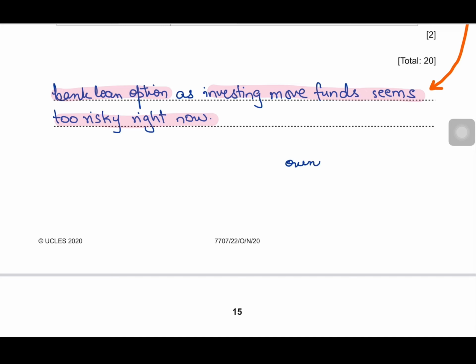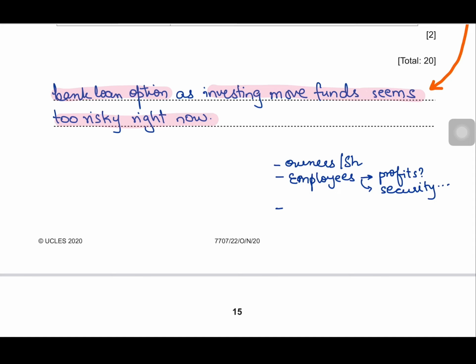Firstly, we have the owners or the shareholders, of course. Then we have the employees who have a direct interest in the affairs of the business. Of course, they would want to know whether the business is profitable or not, so that they will have their pays, their wages on time, and whether the business provides job security or not as well, right? But you don't have to write about employees, you have to write about other stakeholders.